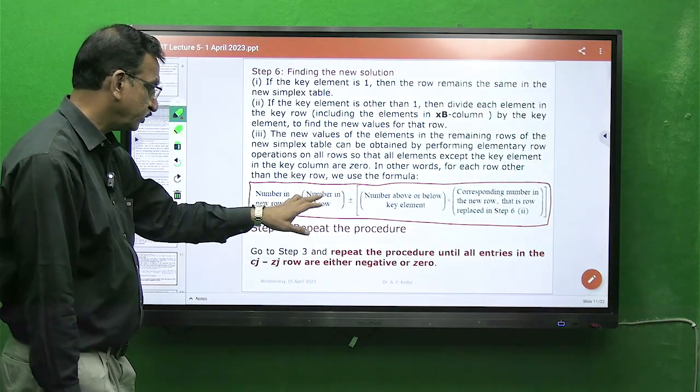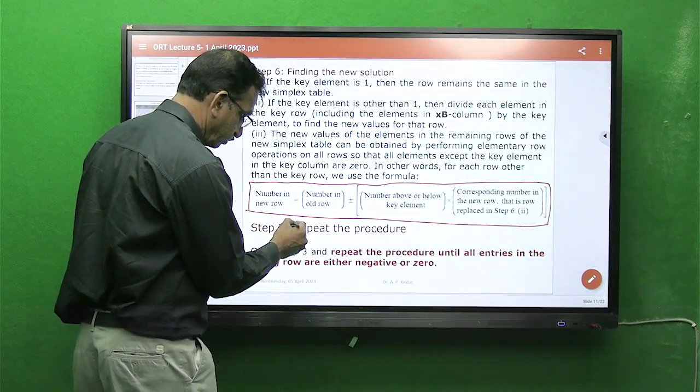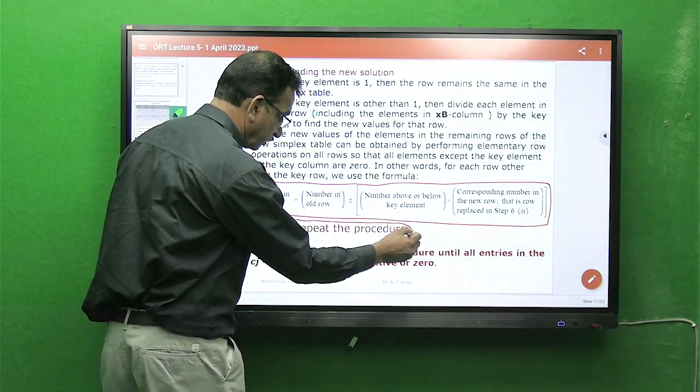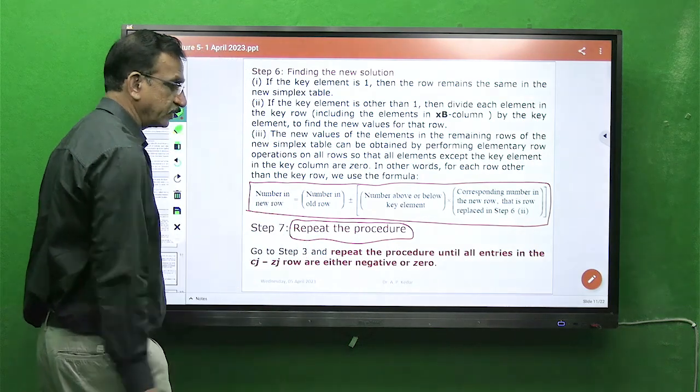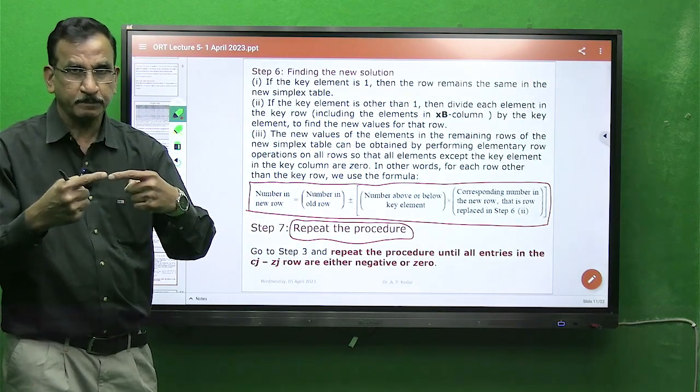And once we find this, as I said, you will be going into a do-loop-like situation. Things will repeat.